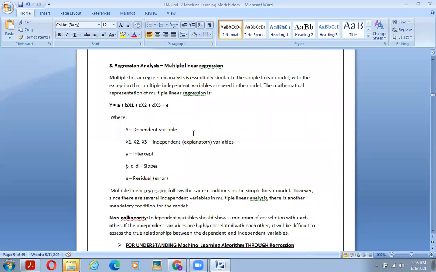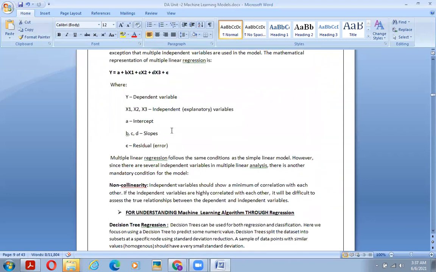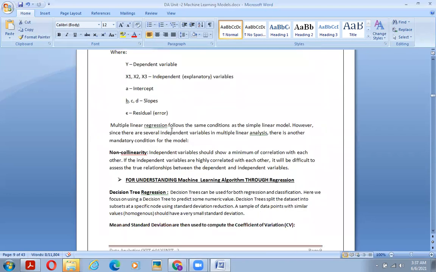Next is multiple linear regression. What is multiple linear regression? Many lines, actually. Multiple linear regression analysis is essentially similar to the simple linear model, with the exception that multiple independent variables are used in the data model. The mathematical representation of multiple linear regression is y = a + b x1 + c x2 + d x3 + residual.